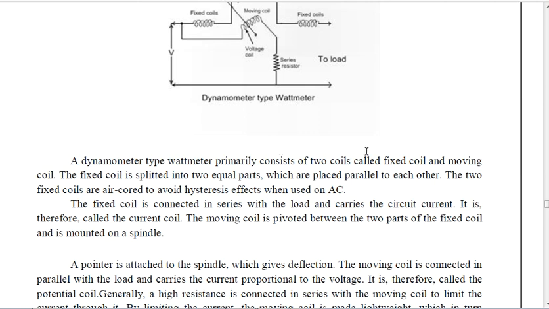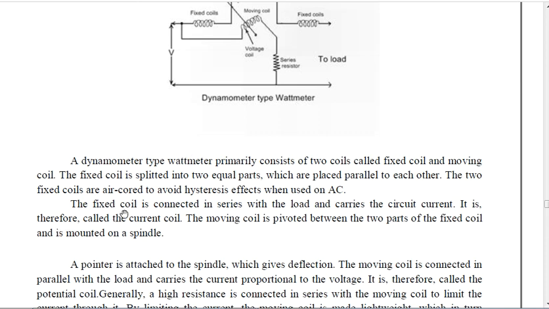The fixed coil is split into two equal parts which are placed parallel to each other. The two fixed coils are cored to avoid hysteresis effect when used in AC.